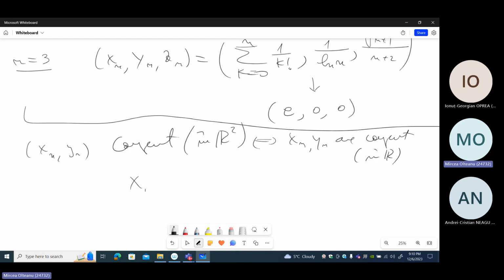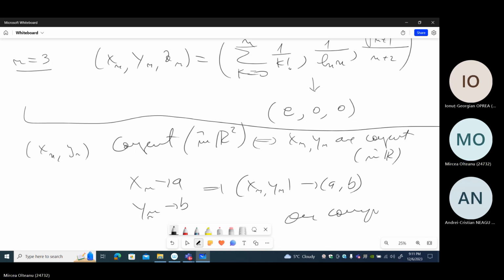Moreover, if xn tends to A and yn tends to B, then, of course, the sequence (xn, yn) will tend to the vector (A, B). So everything is on components. This is the keyword, on components.